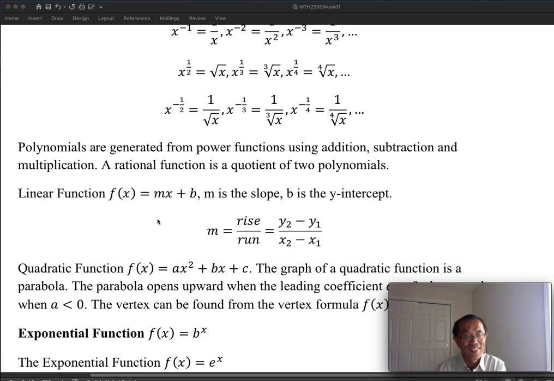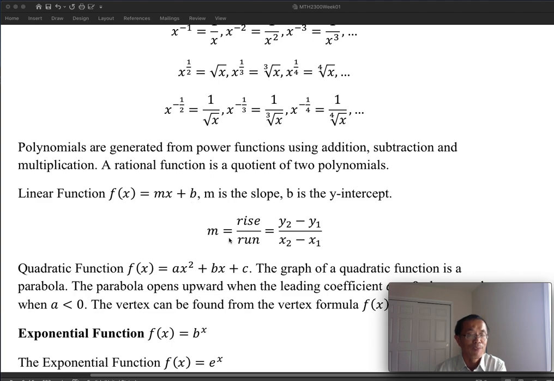Let me talk a little bit more about linear functions. Before we take a break, a linear function can always be represented in this fashion. The graph of a linear function is a straight line, and this form is the so-called slope-intercept form of a line. m is the slope, and b is the y-intercept.